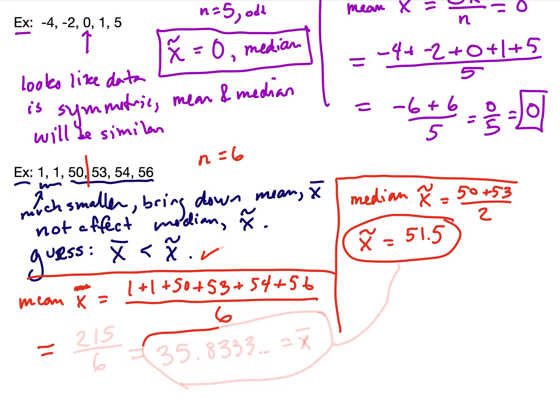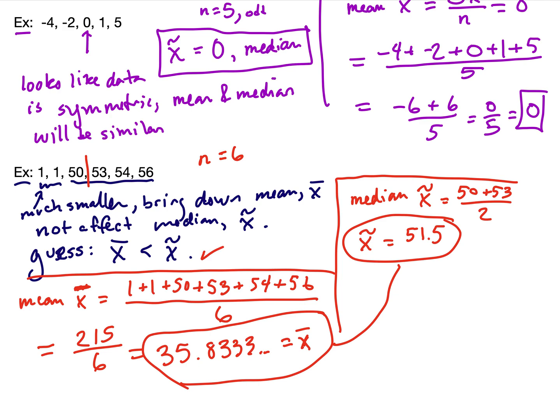If we add those values, we end up with 215 divided by 6. And when we divide by 6, we've got 35.83 repeating. So that's our mean, and we see that indeed the mean is much smaller than the median.